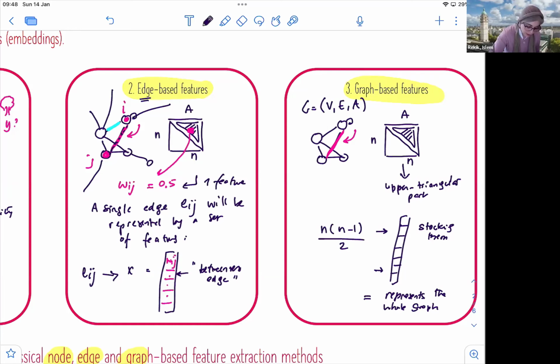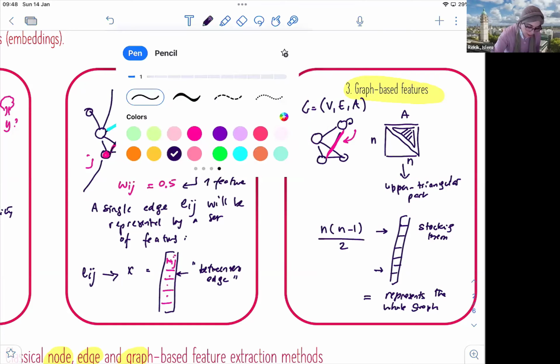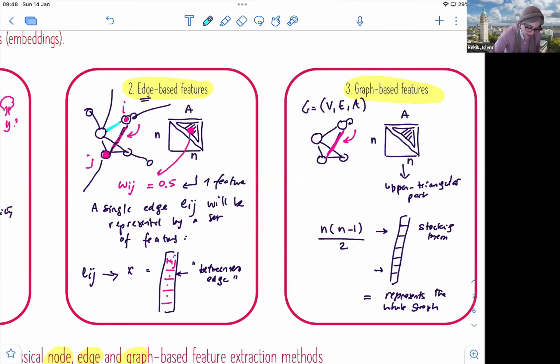If you take any pair of nodes, to get from node A to node B, most of the time you need to traverse this edge.